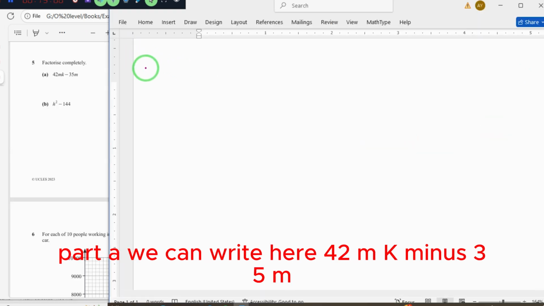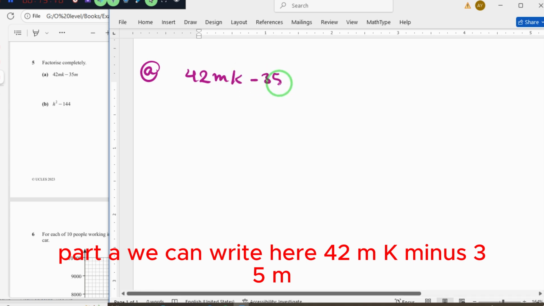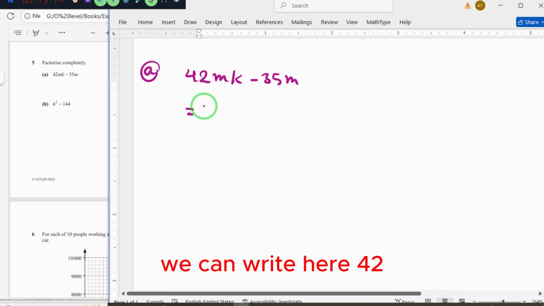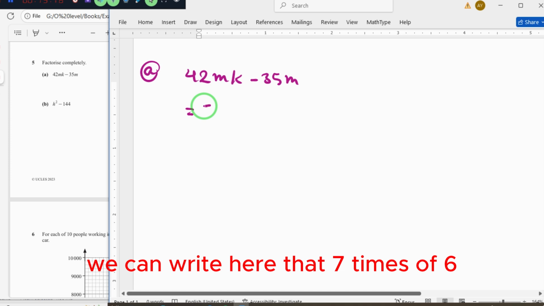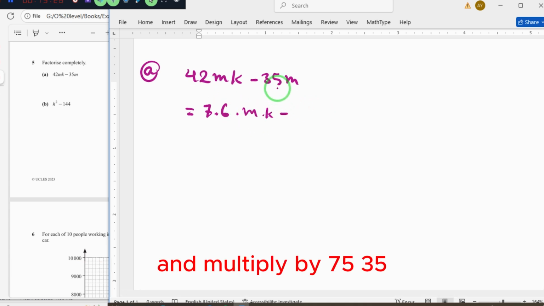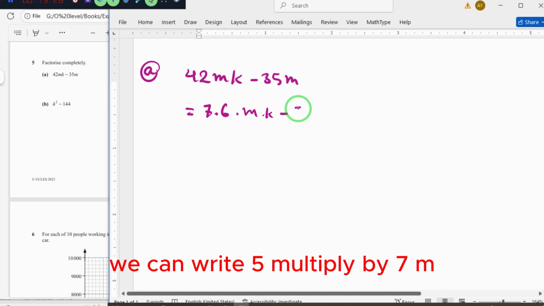Okay, part A, we can write 42mk minus 35m. We can write 42 as 7 times 6, because 7 multiplied by 6 gives us 42, and 35 as 5 multiplied by 7.